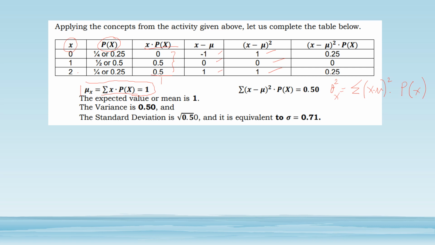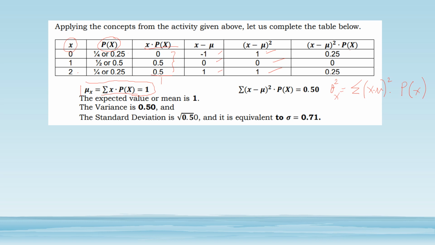After that, second to the last step, we will multiply the square of the difference of the x and the mean by the probability of x. So 1 multiplied by 0.25 is 0.25. 0 times 0.5 is 0. And 1 times 0.25 is 0.25.